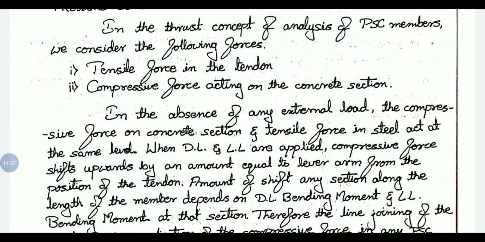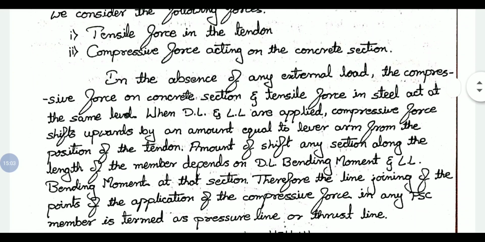That is, from the tendon level, your compressive stress gradually shifts upwards. So the distance between tendon and compressive force at any section is called the lever arm, and the line joining the points of compressive stress along the sections is called the pressure line.